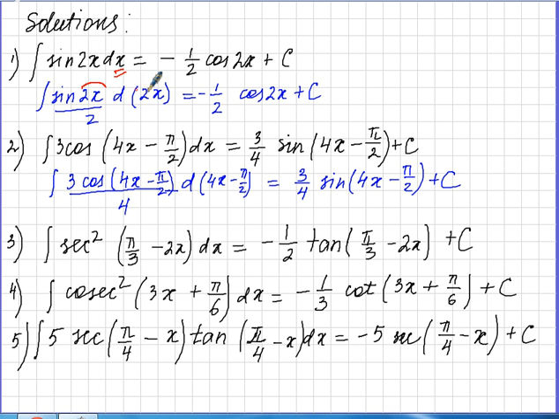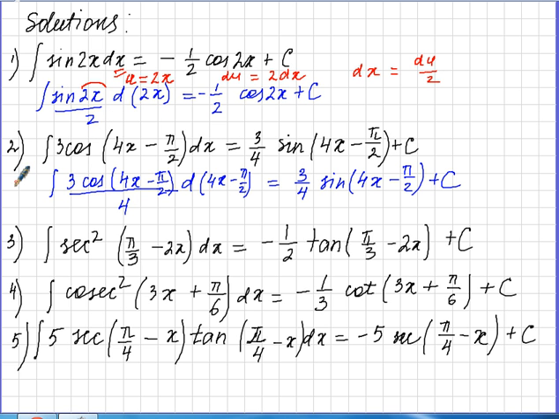So I can introduce another variable u, which is 2x. Therefore du is going to be 2 dx, and dx is going to be du divided by 2. Replacing dx with du over 2 and 2x with u, I'm going to get sine u du divided by 2, and of course we get minus half cos 2x plus c.